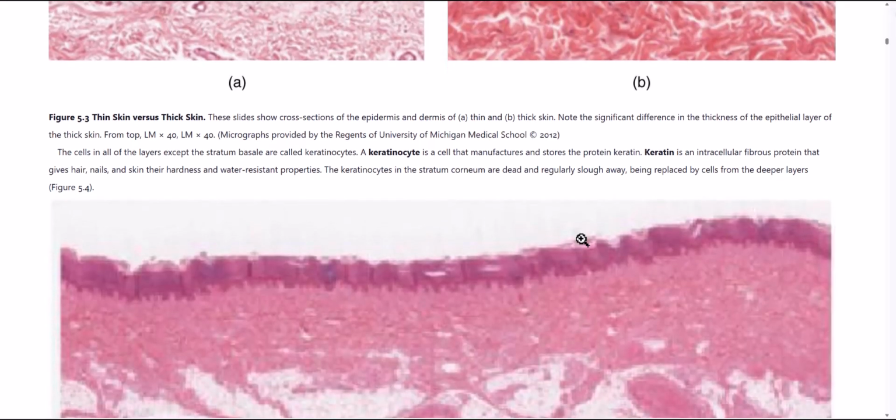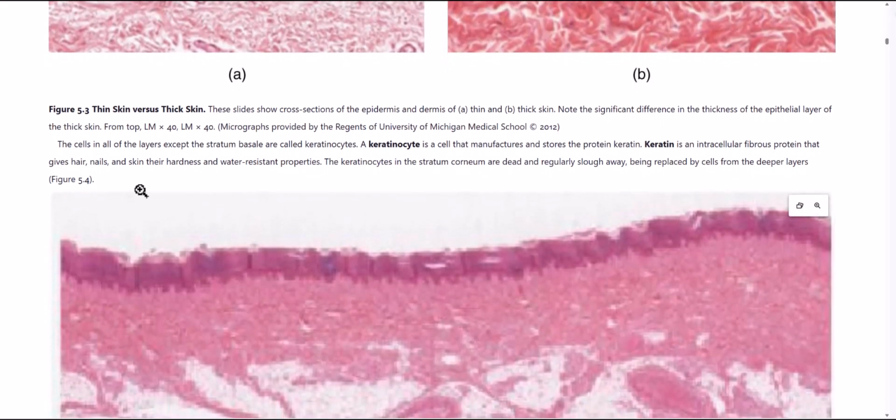So let's go through these layers. And all of the cells in all of the layers, except the stratum basale, are called keratinocytes. Keratinocytes are cells that are busy making the protein keratin. Okay. Now, keratin is a waterproofing protein.